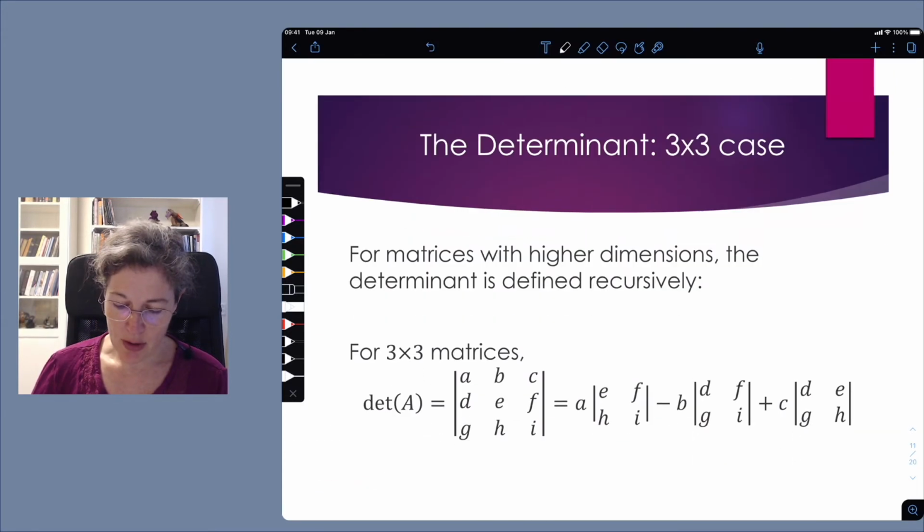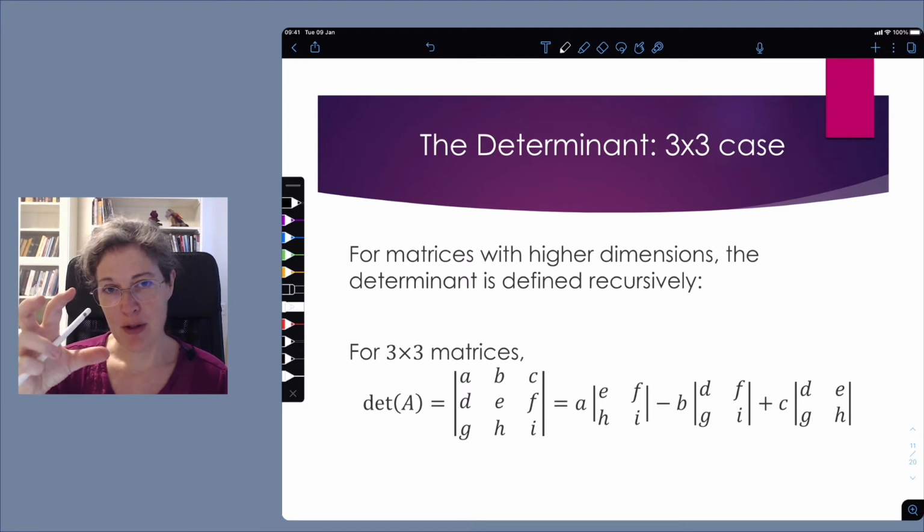So what about the 3 by 3 case? As you go up in dimensions with your square matrices, finding the determinant is defined recursively. So you unpack your bigger matrix into determinants of smaller matrices. Let's just look at the 3 by 3 case. We won't go further than that, but you can.